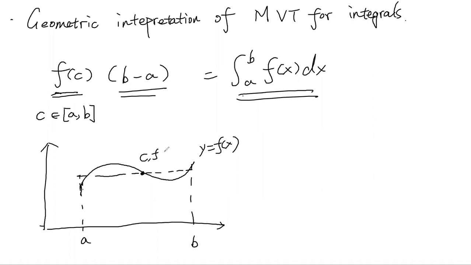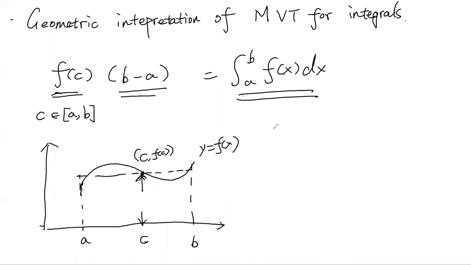this point is f of c. It's just the area of the rectangle whose height is f of c. So this is its height, and the width is b minus a. And the mean value theorem tells you that the area under the curve is the same as the area of the rectangular region. See, this is c.